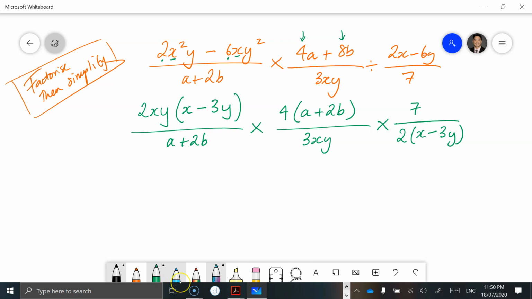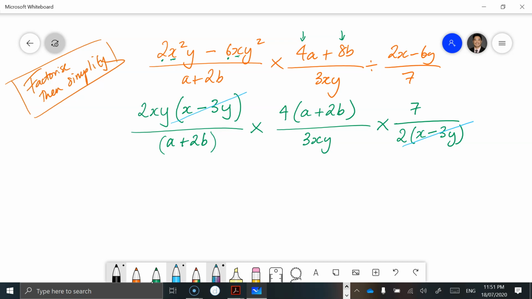Now, this is where the fun part comes along. You've factorized everything, and we're going to cancel things out. All right. So what we can see is, I'm just going to put brackets there. It doesn't really matter with or without, but you'll start to understand why. So common brackets, we've got an x minus 3y over here, we've got an x minus 3y over there, so we can cancel those out.